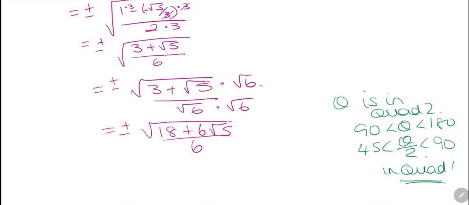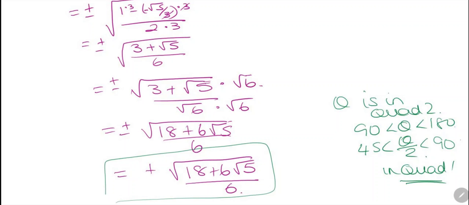So in quadrant 1, everything is positive. So our value is going to be 18 plus 6 root 5 divided by 6. And this is positive.